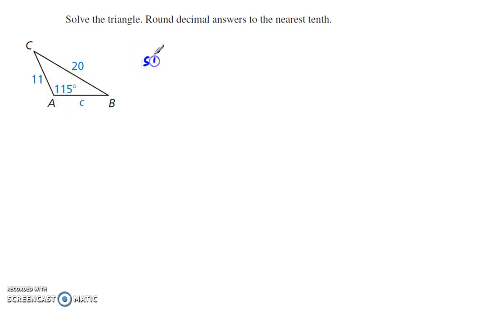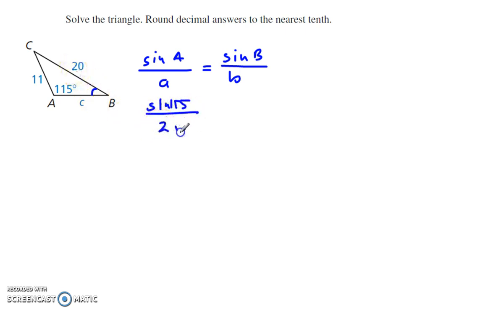We can say sine A to side A is equal to, and we want to solve this, we have sine B over side B. So sine A would be sine 115 over 20 is equal to sine B over 11.